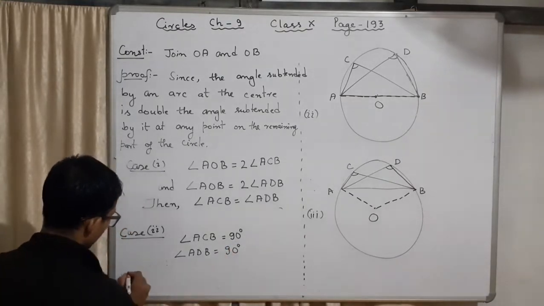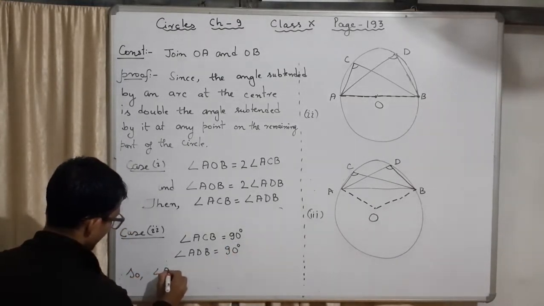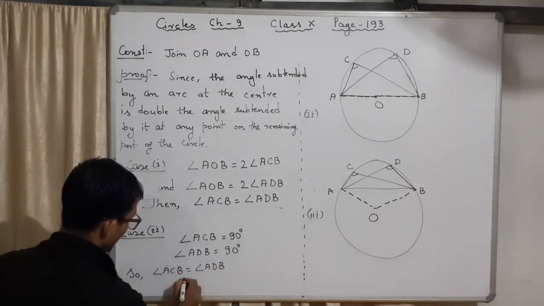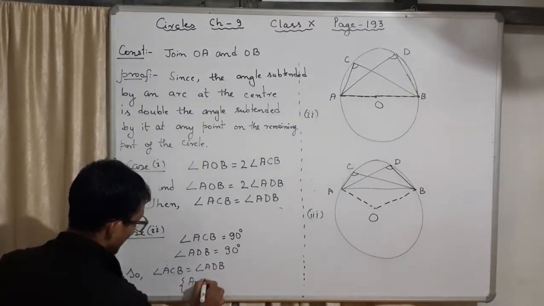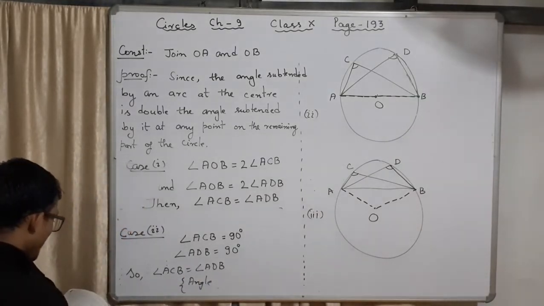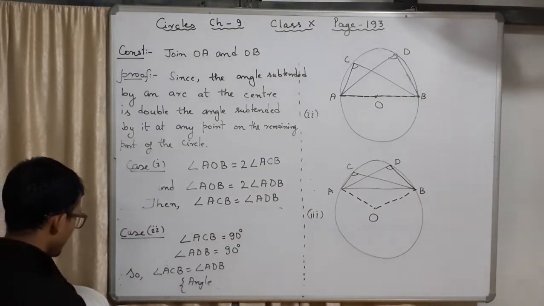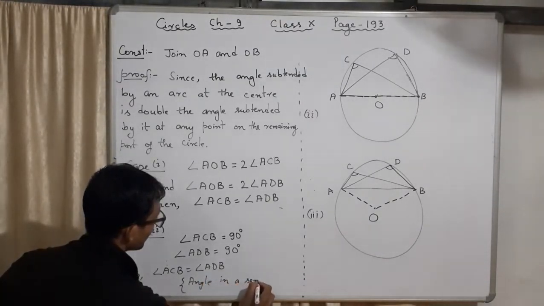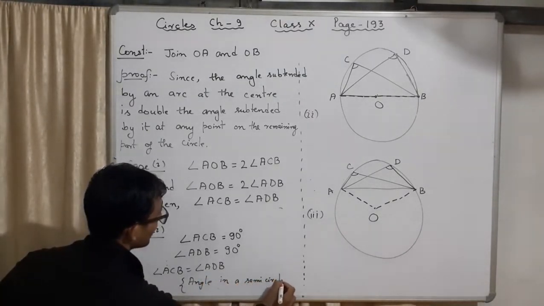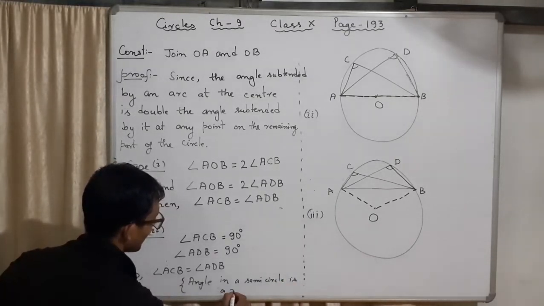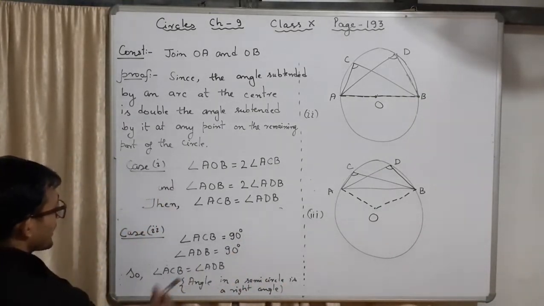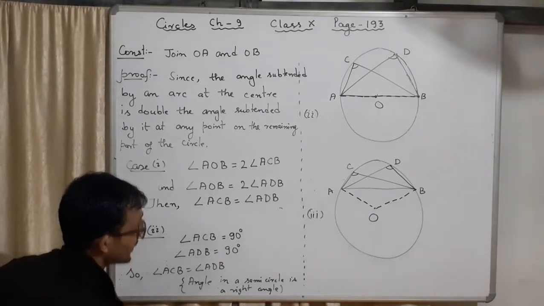So they are equal. So angle ACB equals angle ADB. What is the reason? That is theorem number 9.3. The angle in a semicircle is a right angle. So they are both coming 90 and 90, and they are equal. See, in case 2, it is easily proved when it is a semicircle.